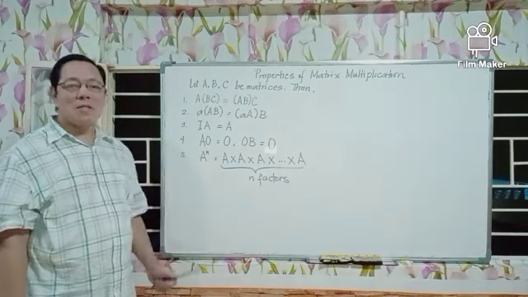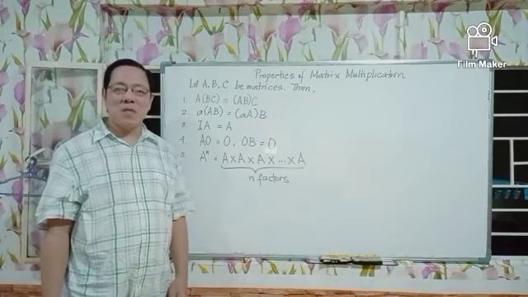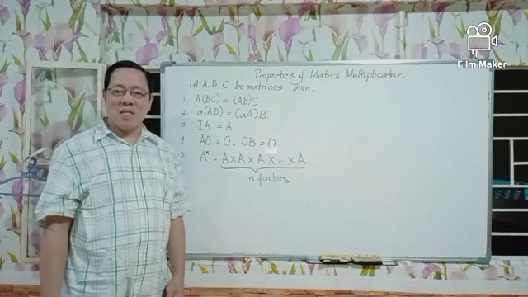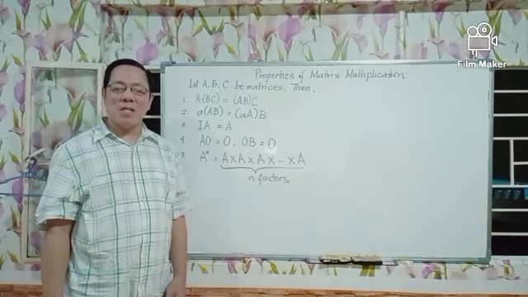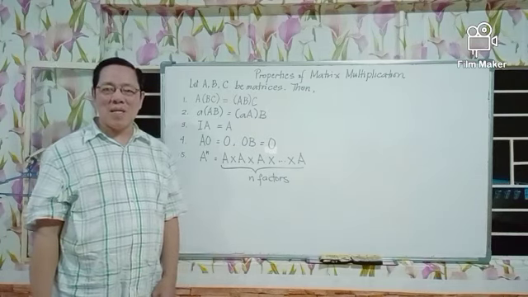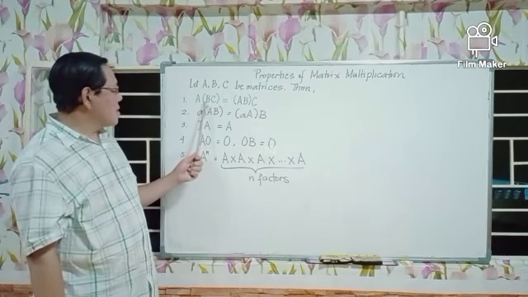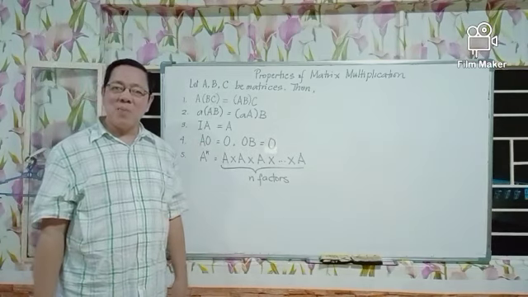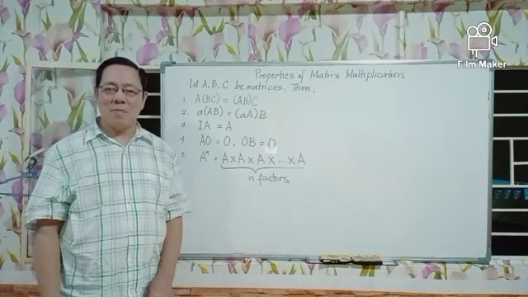And you will notice that in these properties of matrix multiplication, commutativity is not one of the properties. That is, matrix multiplication does not satisfy the commutative property. If you multiply the matrices A and B, the product AB may not be equal to the product BA.